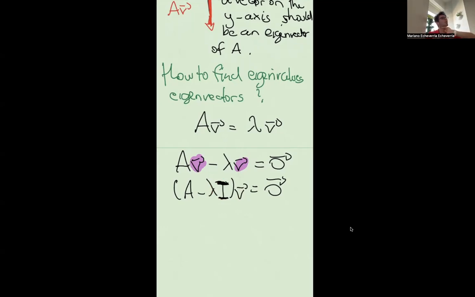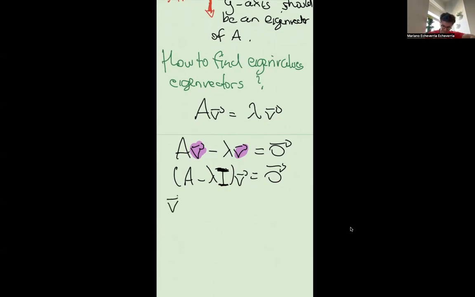Okay, so why is that useful? Why is this a useful way to say this? Because that means that V solves a homogeneous system. That's why homogeneous systems are important.